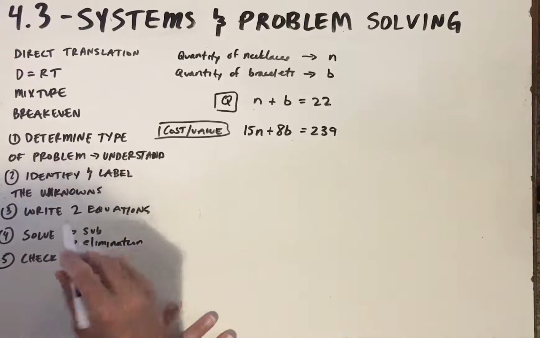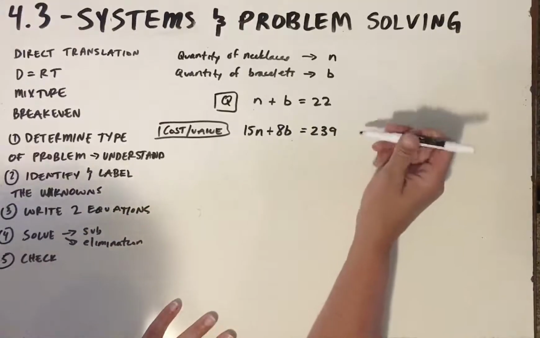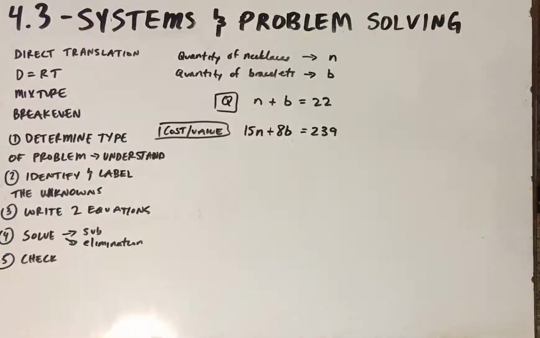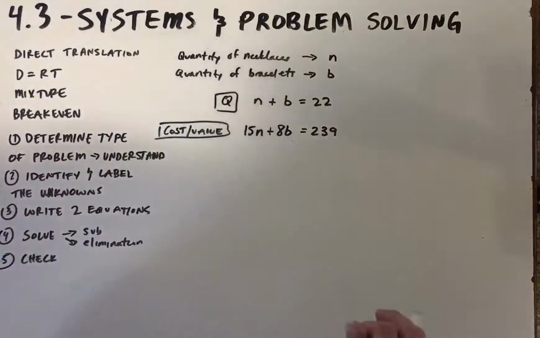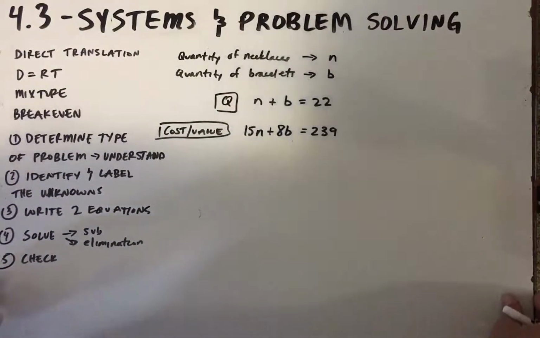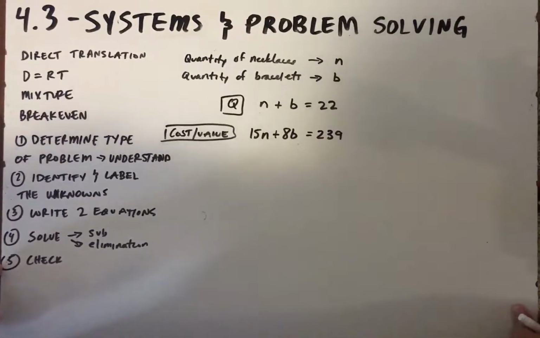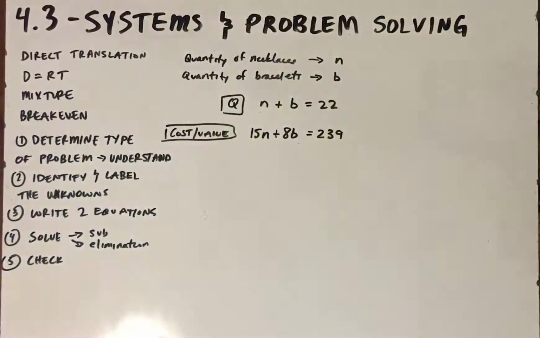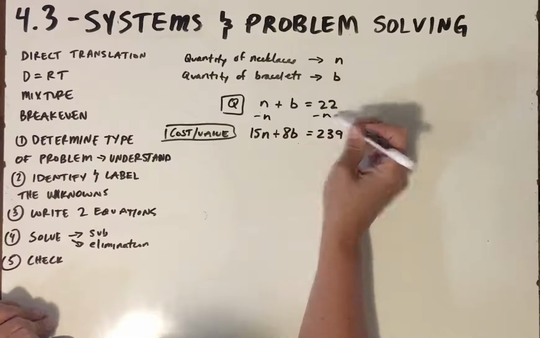Okay, now that I have identified and labeled my unknowns here, and I've written two equations, now I can solve these equations using substitution or elimination. Well, in this case, it's going to be easiest to use substitution. So I am going to, first of all, scoot this over just a titch for you. I'm going to use substitution here, and I'm going to solve this equation right here for b.